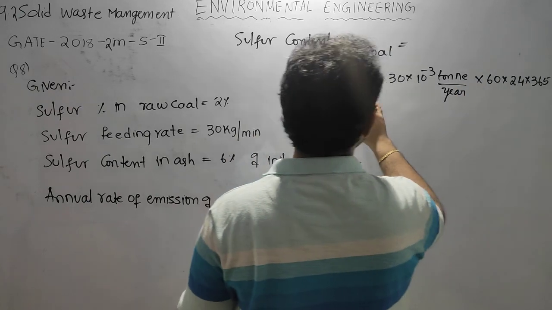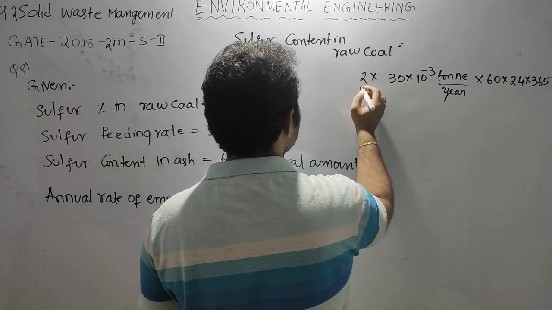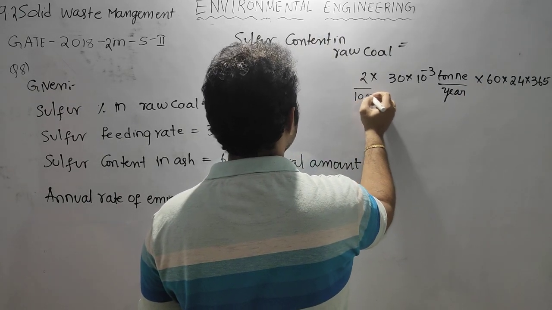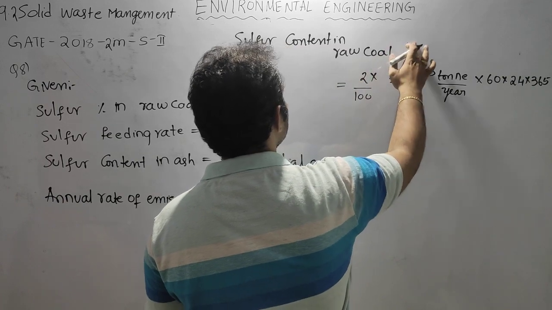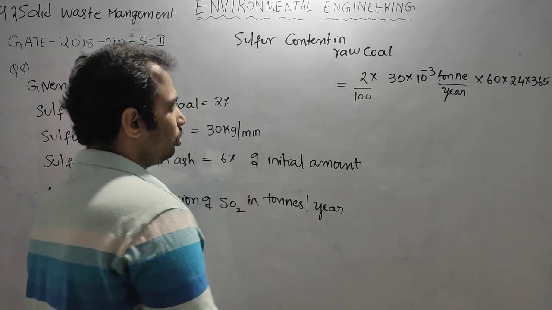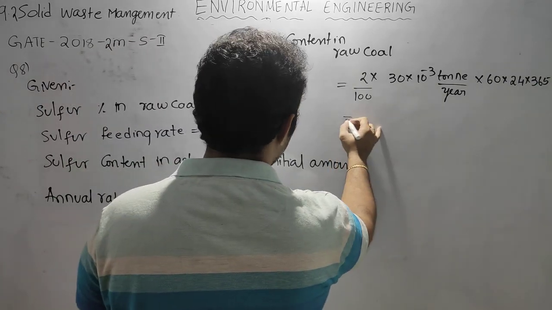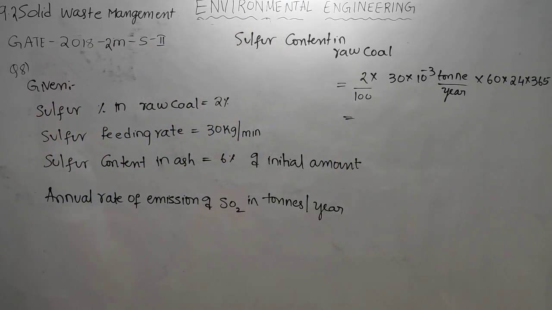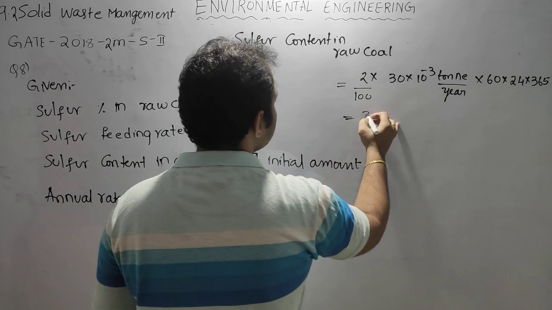Now this is 2%, which means 2 by 100, the content of sulfur inside the raw coal. We got this in ton per year. What is the value? 2 by 100, 30, 60, 24, 365 into 10 to the power of minus 3, that is 315.36 tons.